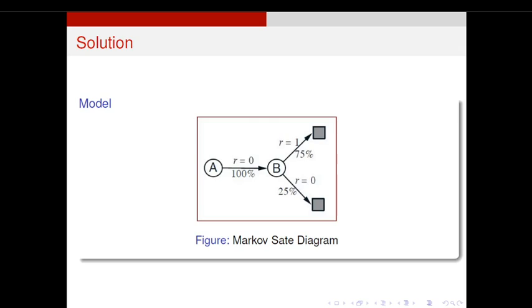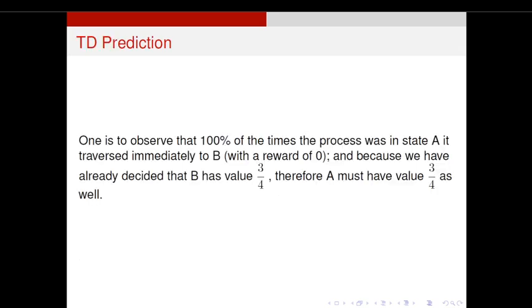This is the idea. Now we explained this. One is to observe that 100% of the times the process was in state A, it traversed immediately to B with reward 0. And because we have already decided that B has value 3/4, therefore A must have value 3/4 as well, because we just use temporal difference learning.